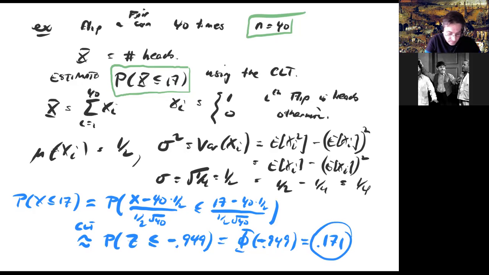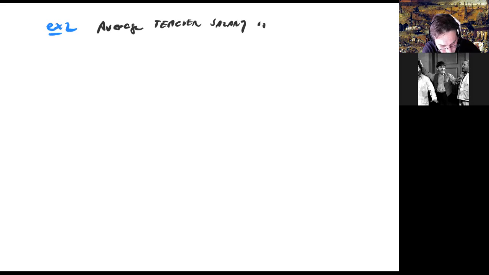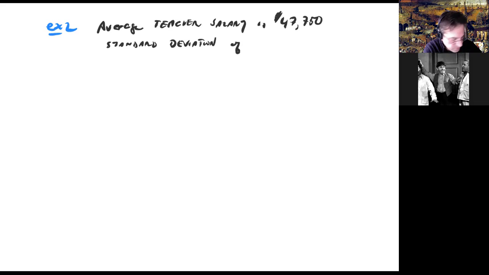Now I go to another problem. So example 2. Let's consider the following. The average school teacher's salary in the United States, I looked this up online, is $47,750 per year with a standard deviation of $5,680.